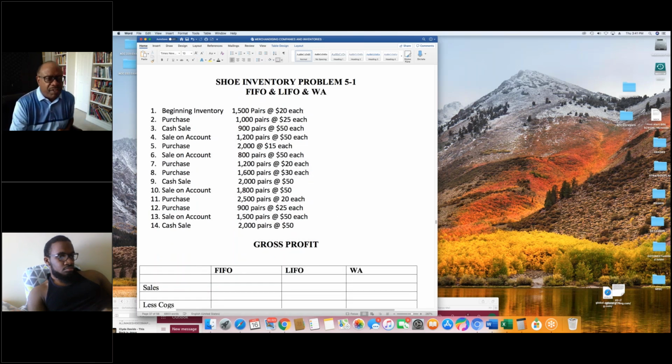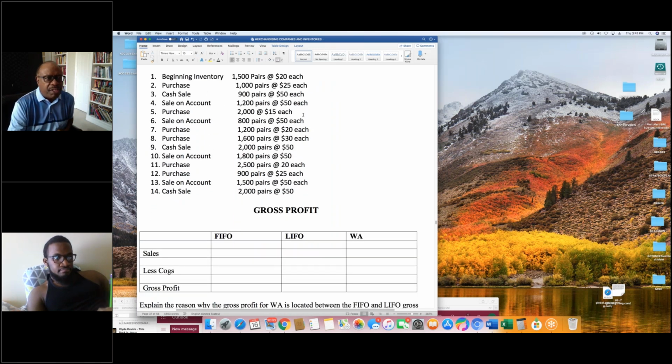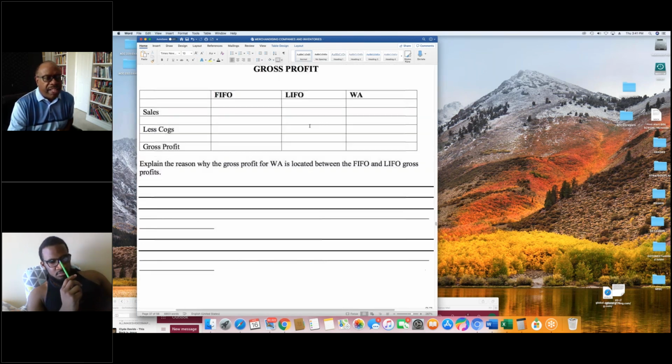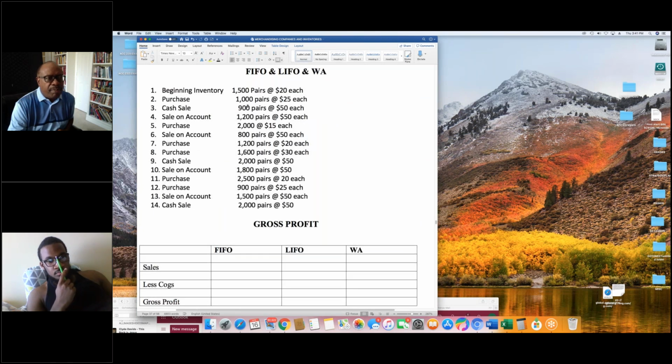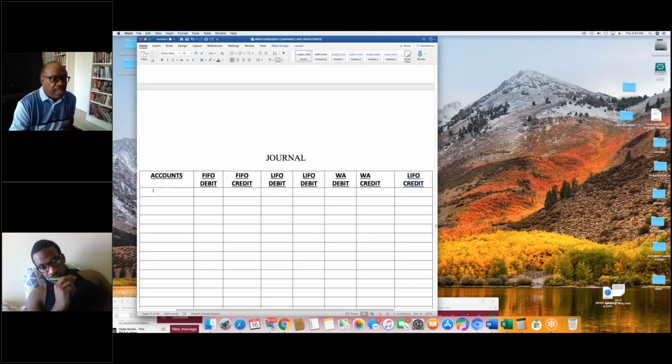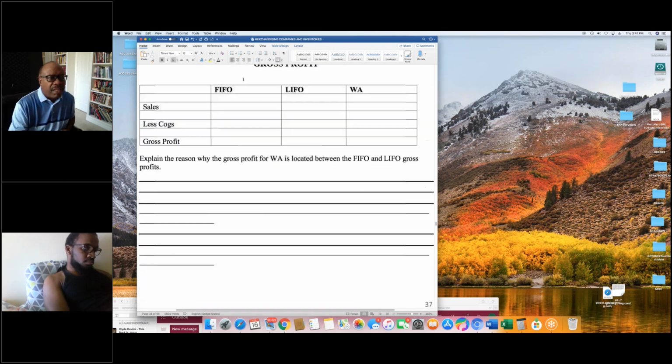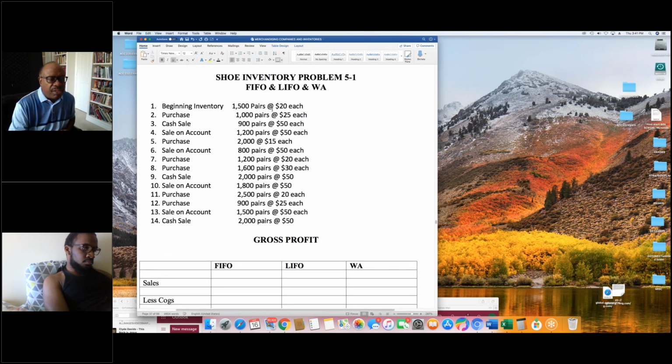So it says beginning inventory, 1,000 pairs of shoes at 20 each. So we don't need a journal entry for that. Then we purchase 1,000 pairs at 25. We're just gonna debit inventory, 1,000 at 25.